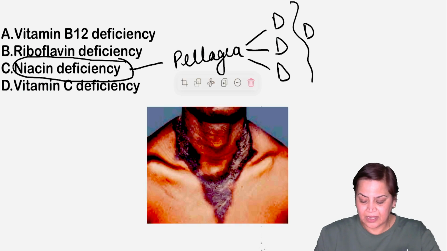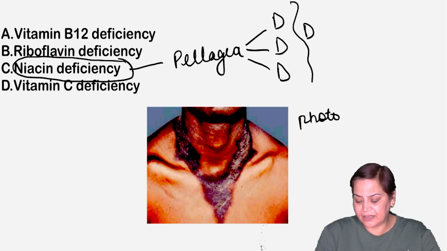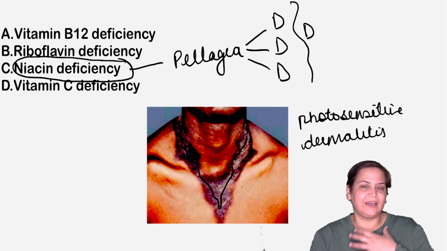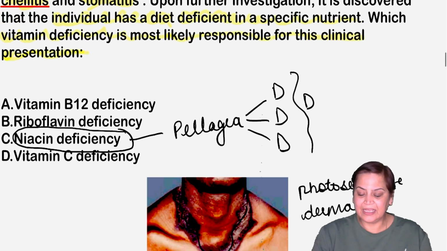You can see, and this is an indication of what? Photosensitive dermatitis. Right? And since it looks like a necklace, that is why it is known as Casal necklace.